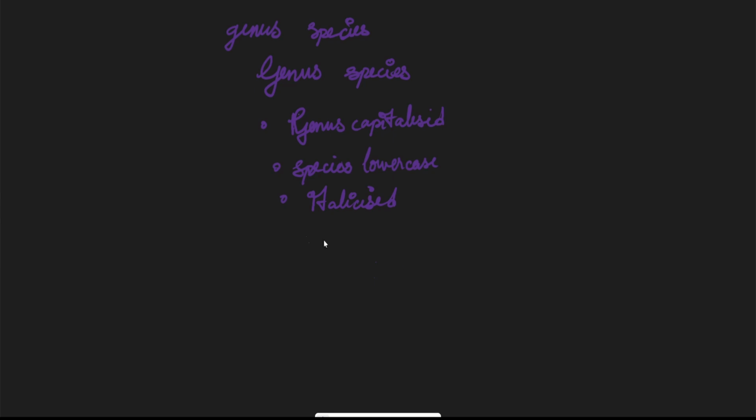Secondly, the species must be lowercase at all times. Thirdly, if you can, it needs to be italicized. However, italicizing text when actually writing it down is difficult, so you can underline the name to show significance. Additionally, the genus precedes the species.